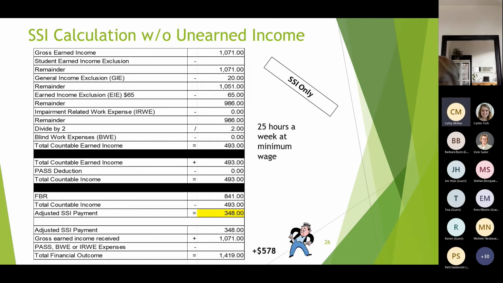So when we add the SSI payment to the amount of earnings that the individual has, their total financial outcome is now $1,419. So even though they have a reduced SSI check, they're still coming out financially ahead by $578. And even when you take taxes off of that, they're still going to come out ahead. Next slide, please.